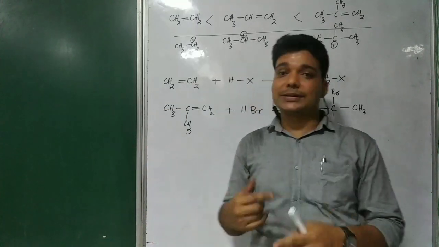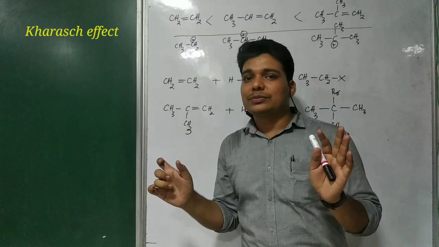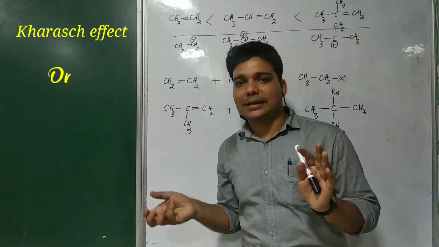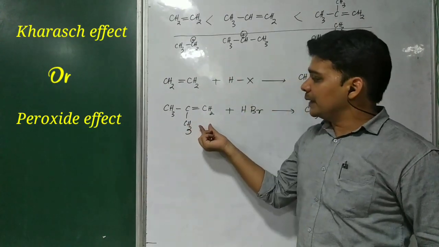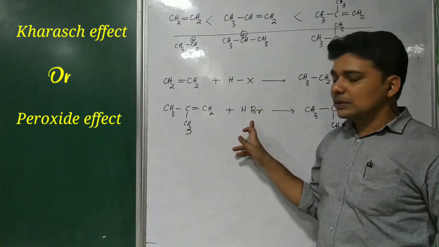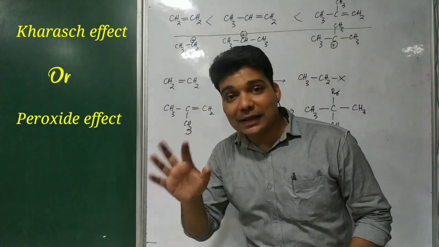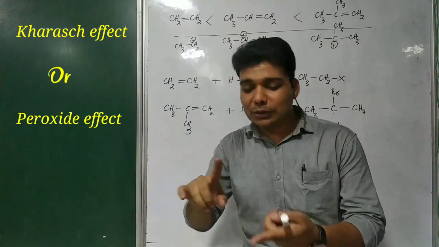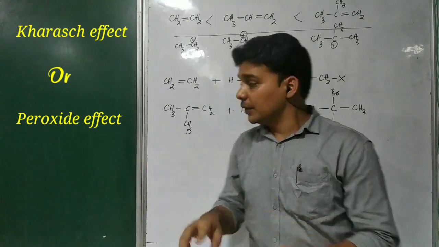Okay, next, Kharasch effect or peroxide effect. Whenever any unsymmetrical alkene is added to HBr, particularly HBr, we need not think about HCl or HI.